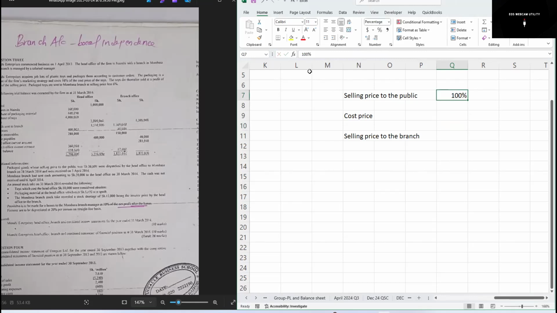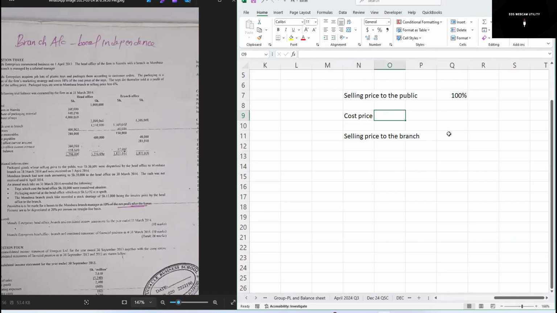This 100% is inclusive of the profit margin, which we've been given as 12%.